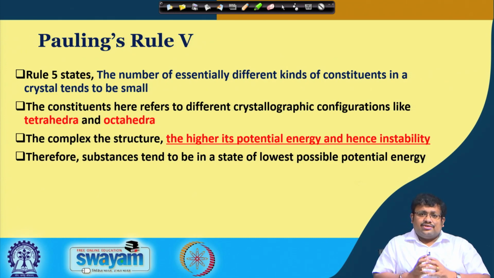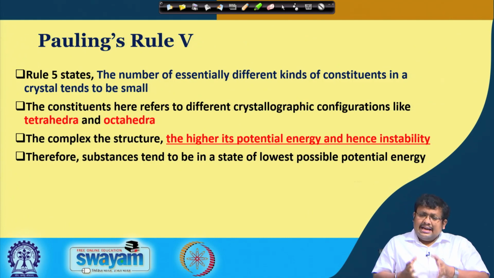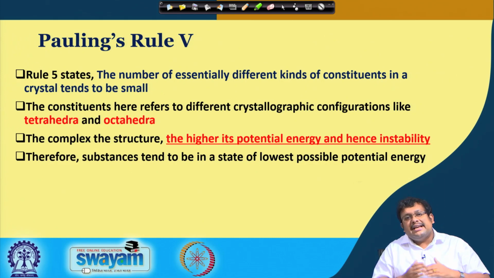Obviously the more complex the structure, the higher its potential energy and hence instability, because the substance always tends to be in a state of lowest possible potential energy. So, the more complex the crystallographic structure, the more chance of instability. So, this is rule 5.